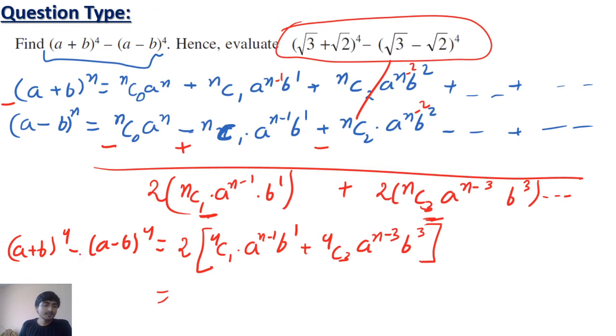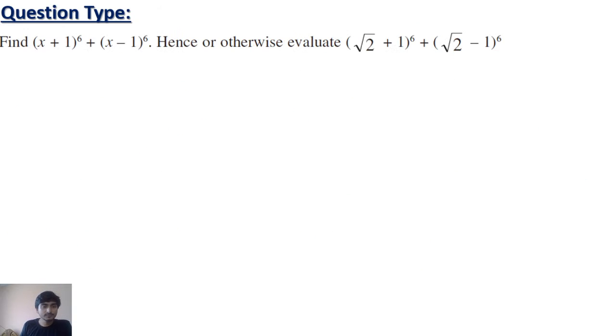Now the same thing, we'll solve in this one. In this case, it is (a+b)^n plus (a-b)^n, the same, but here it is positive. So in the positive case also we'll see what the changes are. So (a+b)^6, how much?